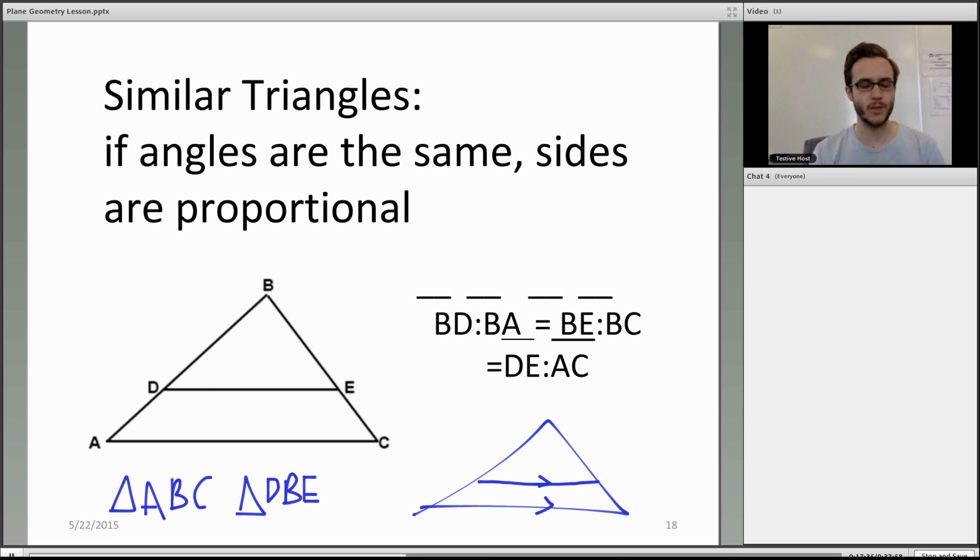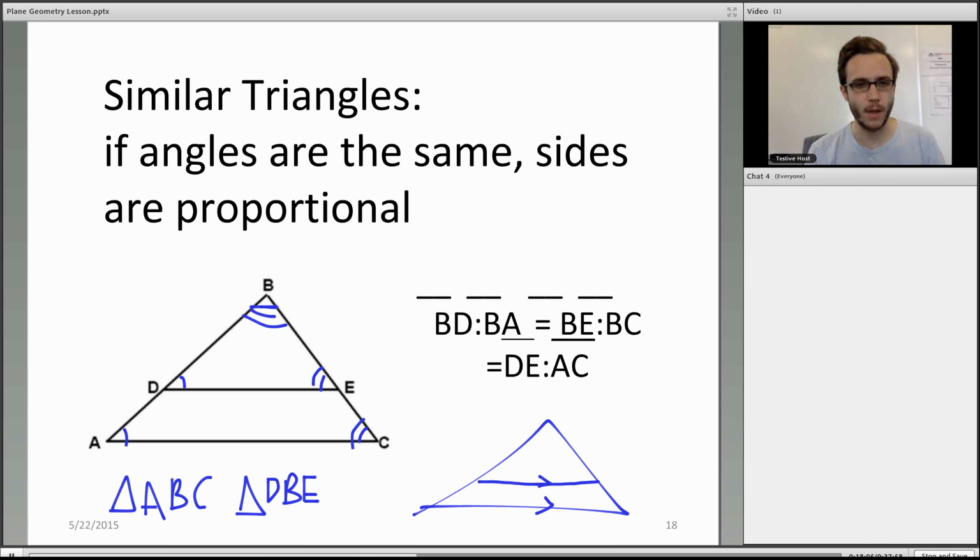We know all the angles are the same because we just showed that along this line, angle BDE is the same as angle BAC. And we also know that angle BED is the same as angle BCA. So if all the angles are the same, because they share angle ABC, then we know that the side lengths are proportional, right?